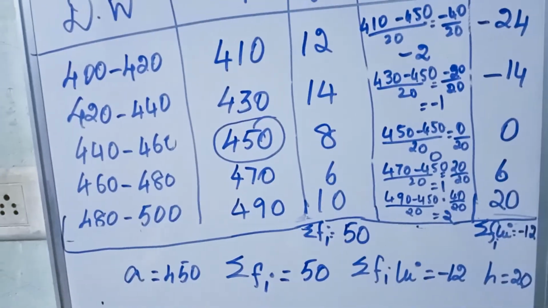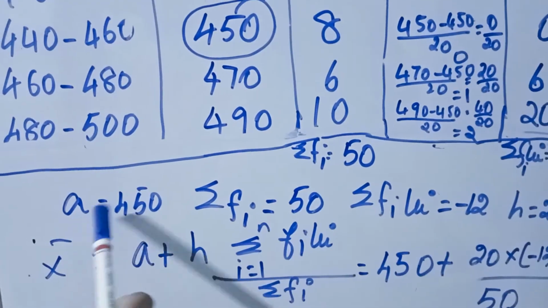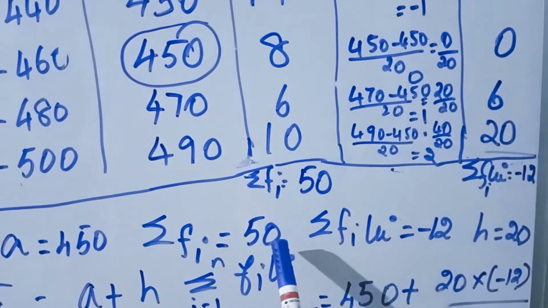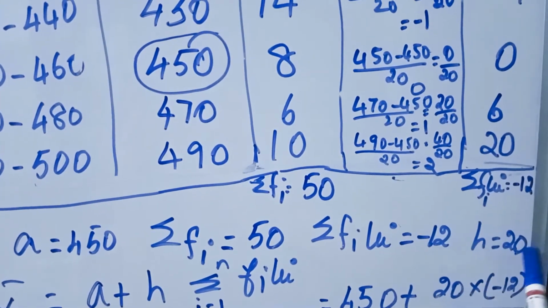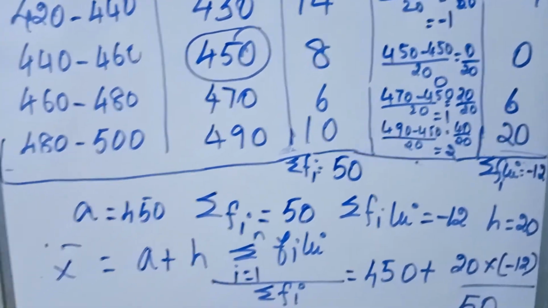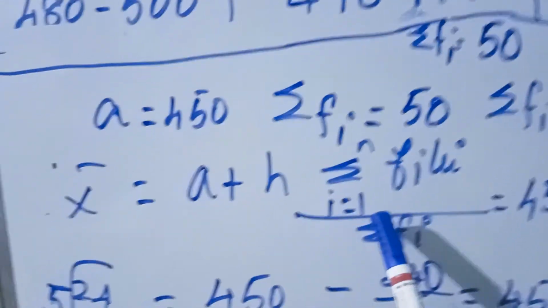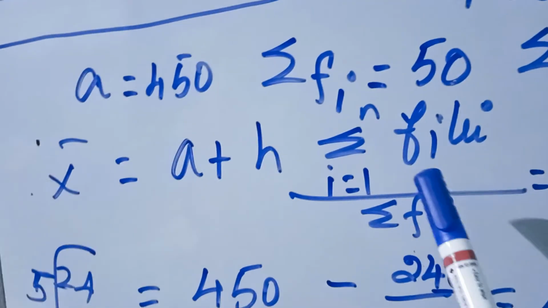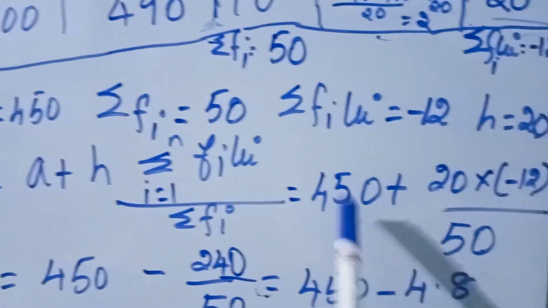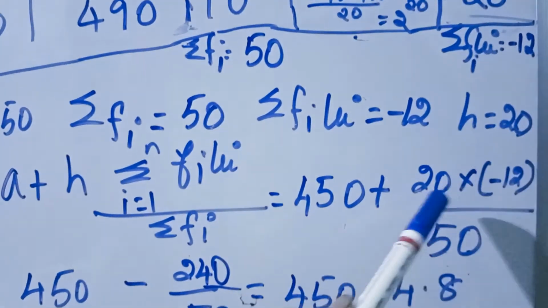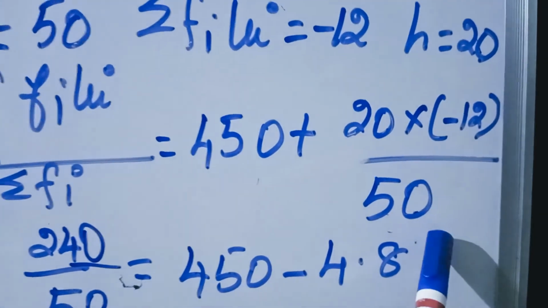Now I am going to apply the formula. a equals 450, sigma Fi equals 50, sigma Fi ui equals minus 12 and h equals 20. The step deviation formula: x bar is equal to a plus h into sigma i equal to 1 to n Fi ui divided by sigma Fi. We know a value 450, so 450 plus h value 20 into sigma Fi ui value minus 12, divided by 50.